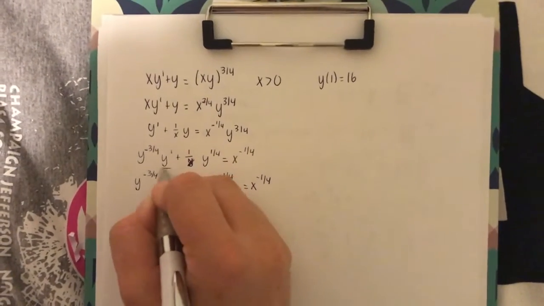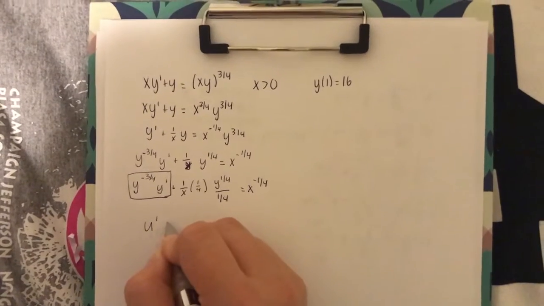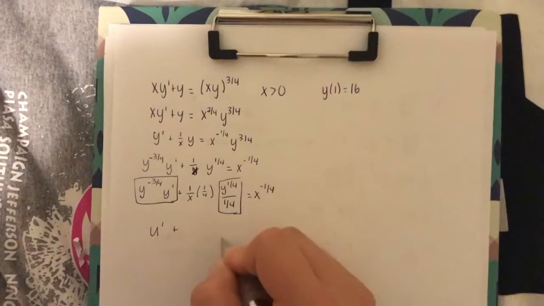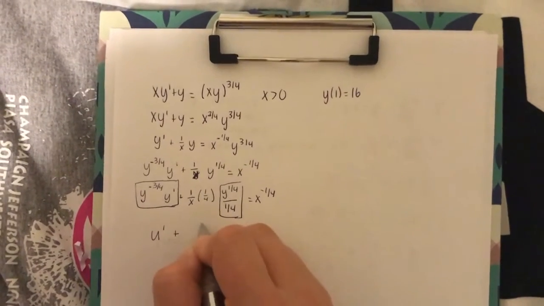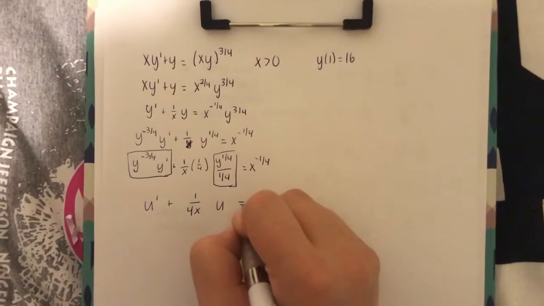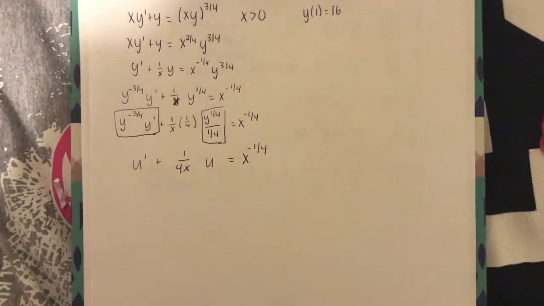Now from here, this is going to turn into my u prime. This is my u. This is my p of x, that 1 over 4x. And my q of x is that x to the negative 1/4.